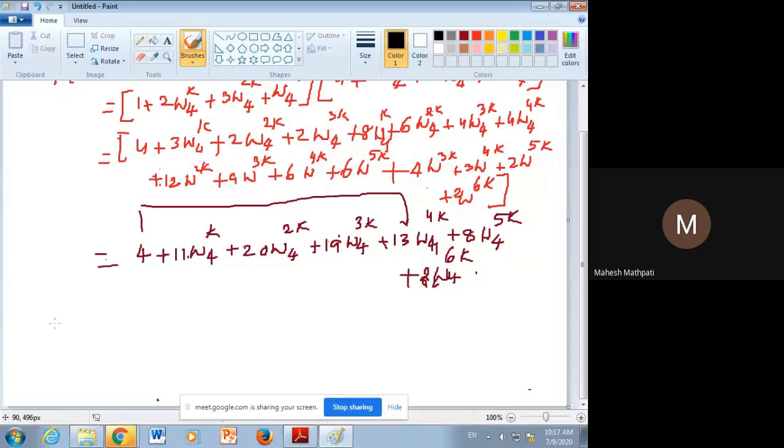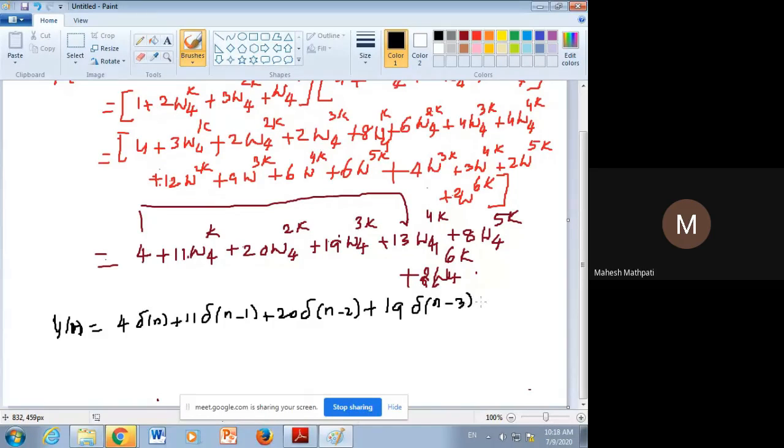Now 4, the constant term, gets multiplied with delta of n, plus 11 delta of n minus 1, plus 20 delta of n minus 2, plus 19 delta of n minus 3, plus 13 delta of n minus 4, plus 8 delta of n minus 5, plus 2 delta of n minus 6.